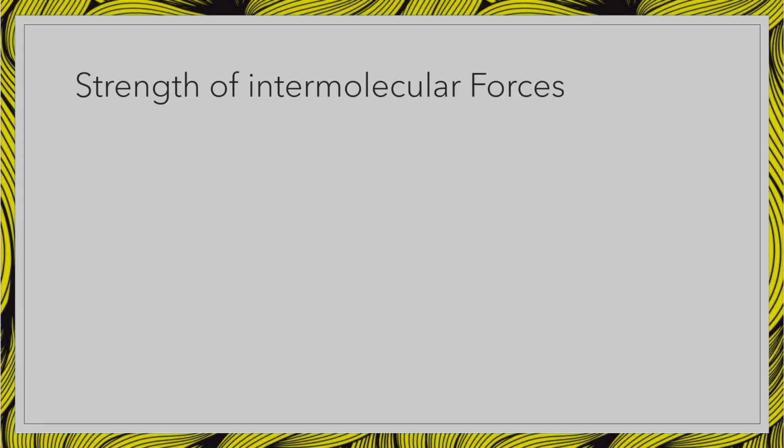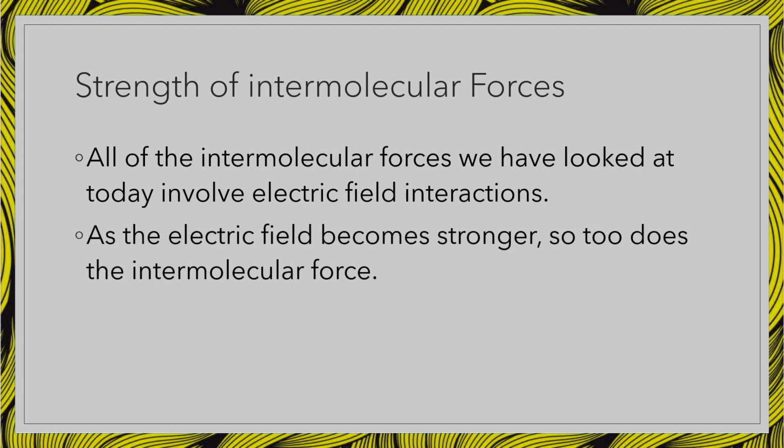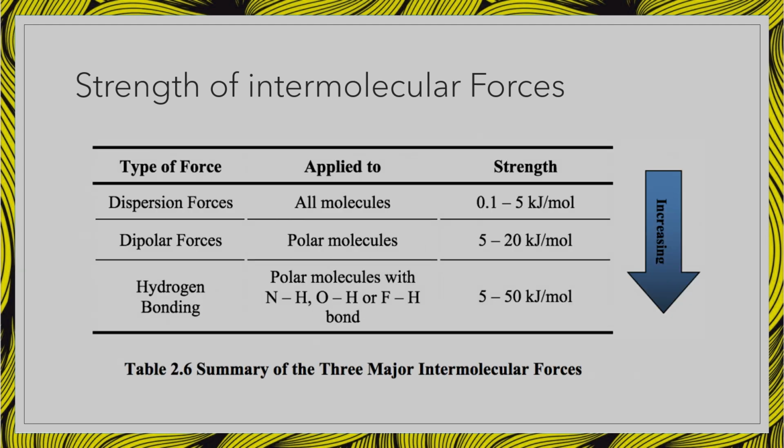Okay. Now, the strength. This is the important part. All of the intermolecular forces we've looked at today involve electric field interactions. And as the electric field becomes stronger, so too does the intermolecular force. Dispersion forces. All molecules have dispersion forces. And the strength is about 0.1 to 5 kilojoules per mole.